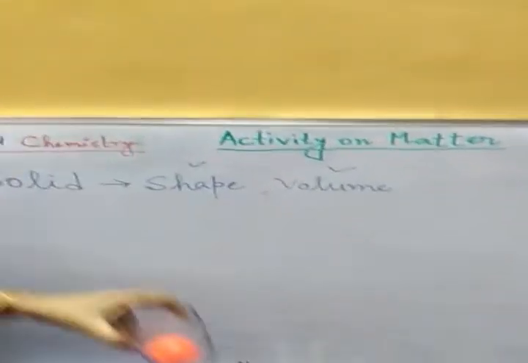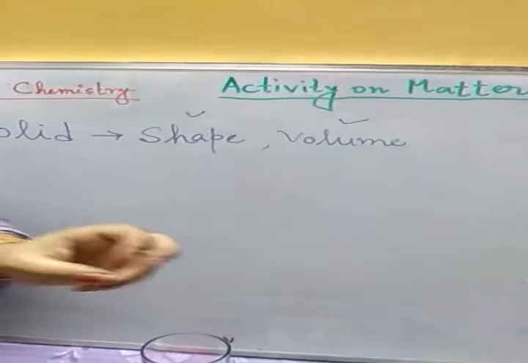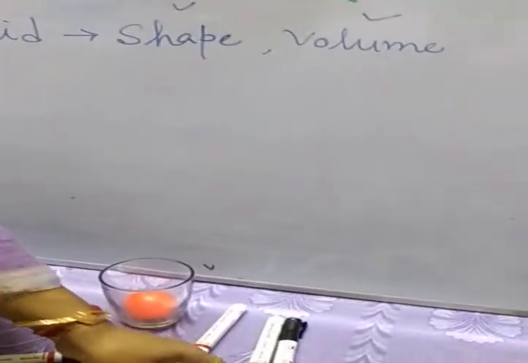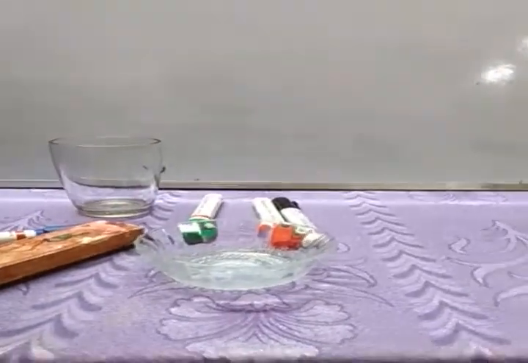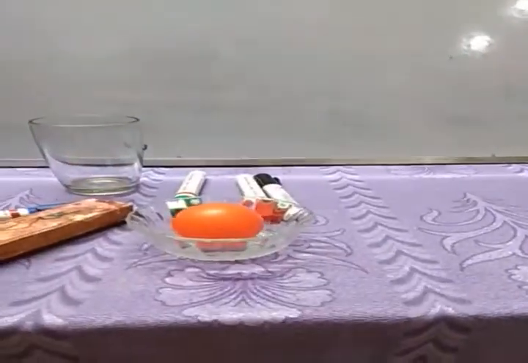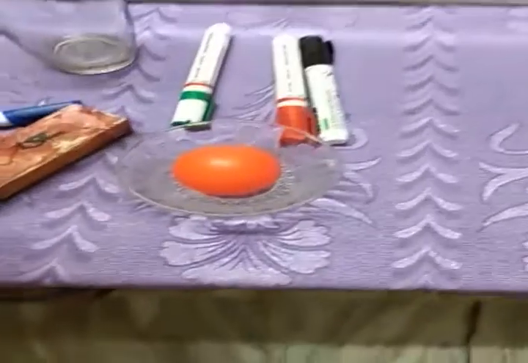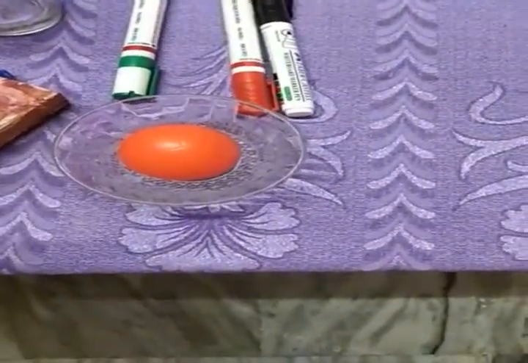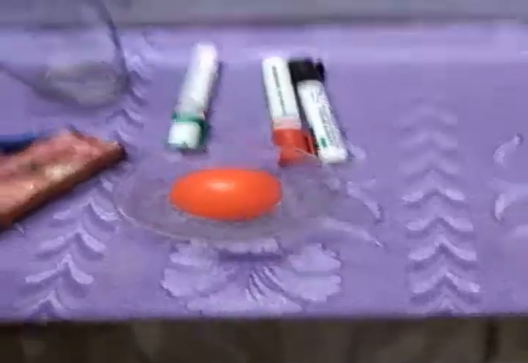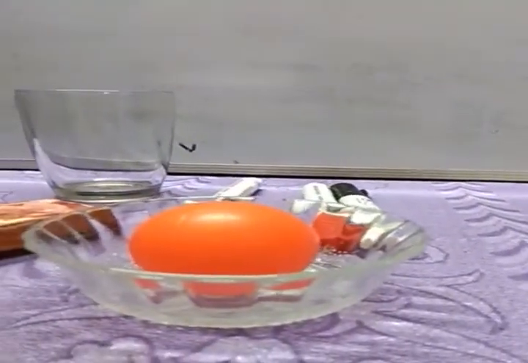Okay, so if I take some other container, say this is another container and it's having another shape, it's a bowl. So here I am putting the ball. Here also it's retaining its own shape. That means it's having a fixed shape, we can say, and this ball is having its own volume.